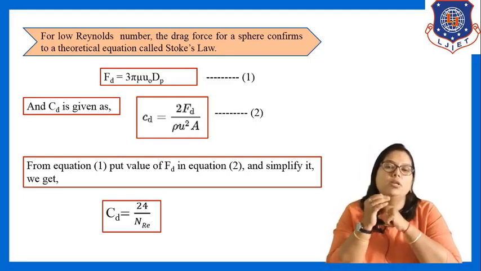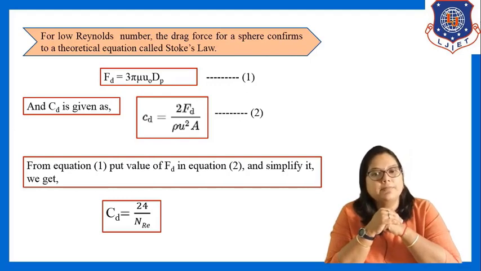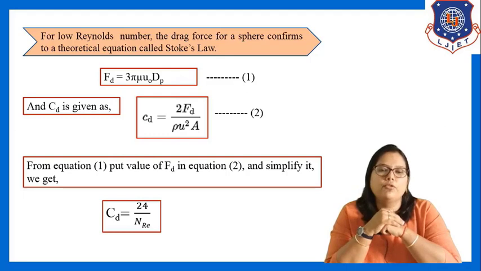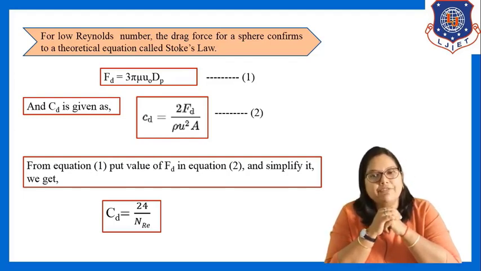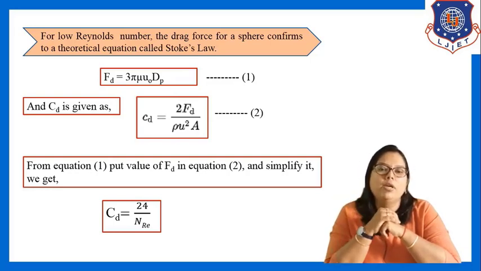But if you want the graphical relation, then I showed you that graph. If you want to calculate the drag coefficient analytically, you have to use this equation. If you want to know the value of drag coefficient graphically, at that time you have to use the graph of CD versus NRE.